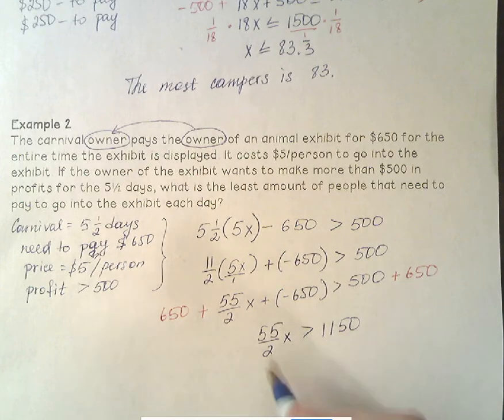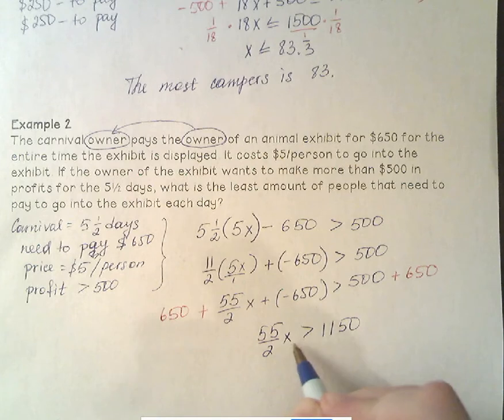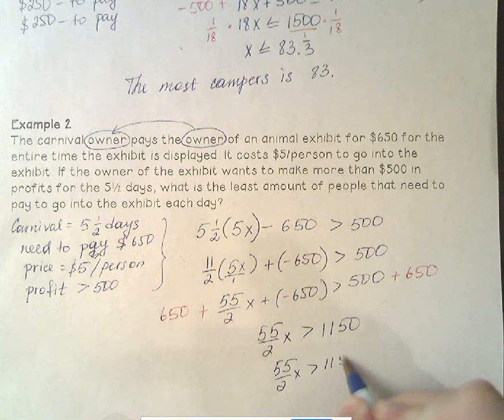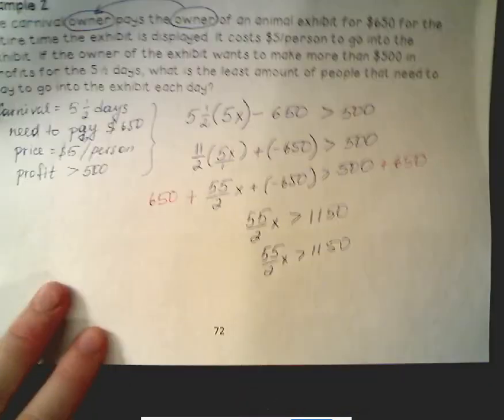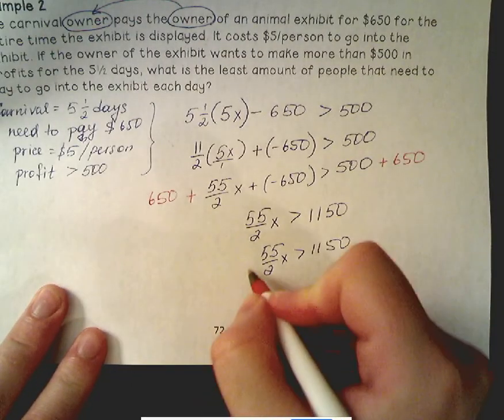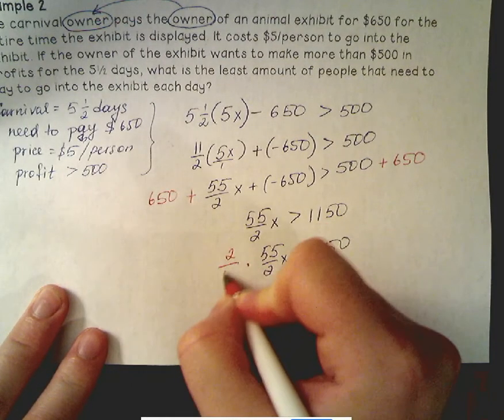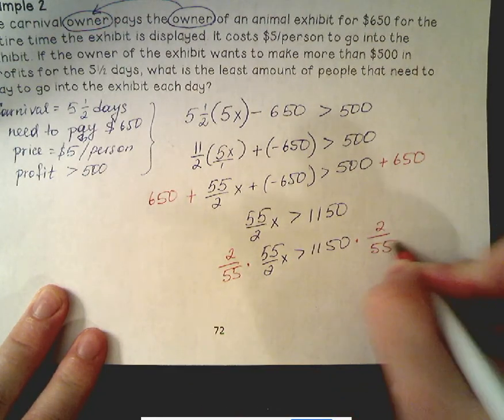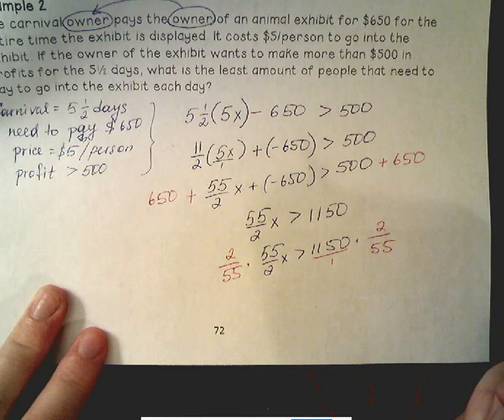Okay, so now we have a one-step inequality. In it, we'll have to get rid of that 55 halves to have 1x. For that reason, we need to multiply 55 halves by its reciprocal. So I'm going to just rewrite that and multiply both parts of this inequality by the reciprocal of 55 halves, so 2 over 55, that is over 1.